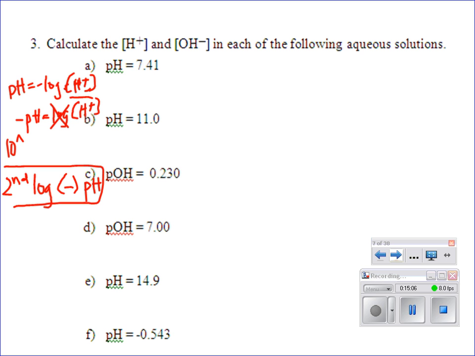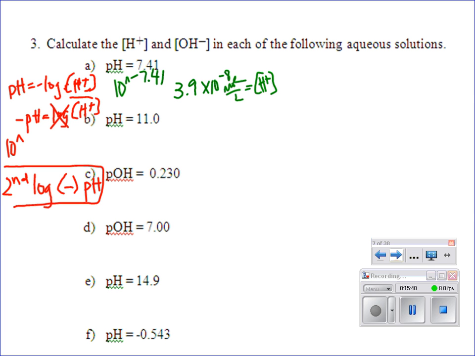So when you plug in 10 to the negative 7.41, what do you get? I got 3.9 times 10 to the negative 8 moles per liter. That's equal to what concentration? I did pH, so it's equal to H plus. How am I going to get OH concentration? And I don't want you to calculate pOH to do that. There's a way you can do this in one more step. How can I get from H plus to OH minus?